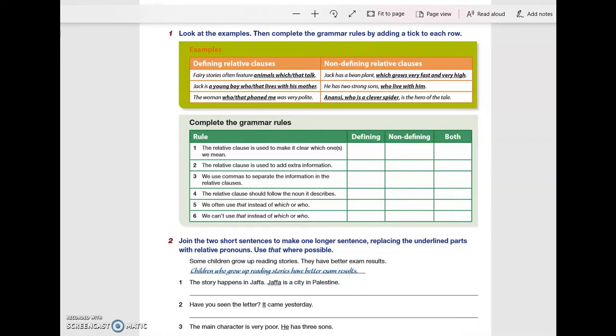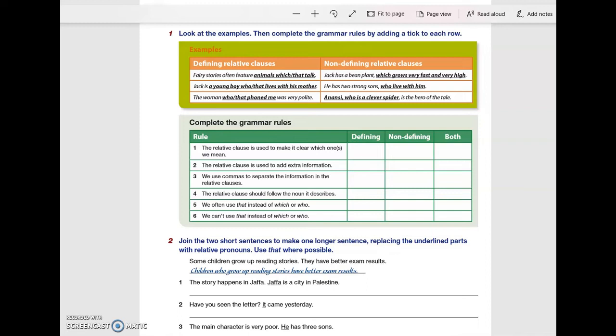Yes, this sentence joins two sentences. Jack has a peony plant, the first sentence. It grows very fast and high, the second sentence. Jack has a peony plant, comma, which grows very fast and high.